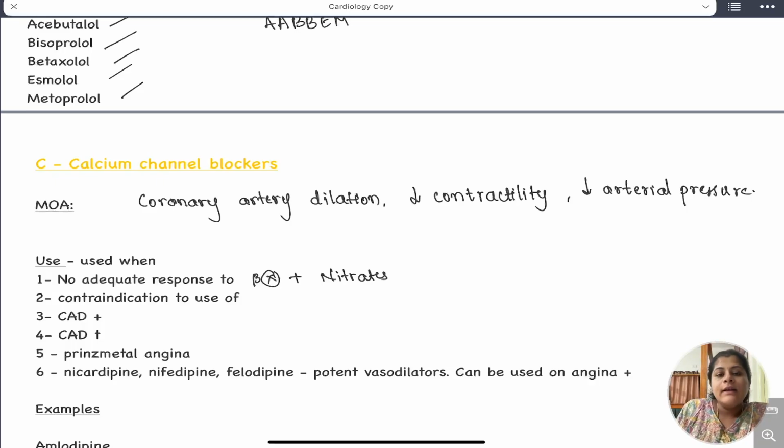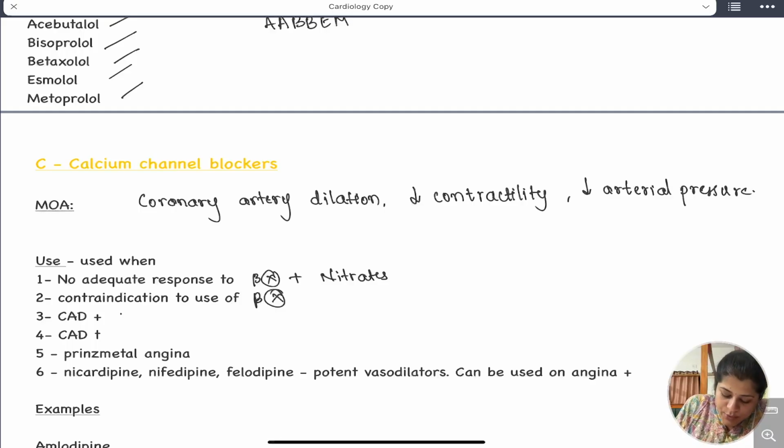Okay. Then if there is a contraindication for the use of beta blockers, such as asthma or bronchospastic diseases, in that case, if the disease is mild, you can shift to cardioselective beta blockers, or you can shift to calcium channel blockers.